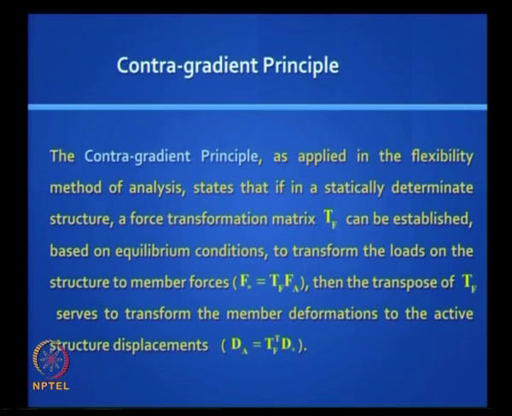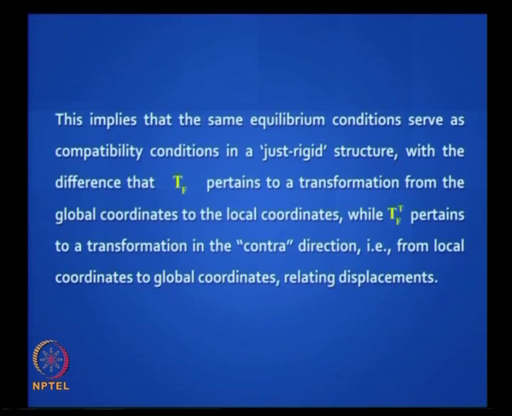Okay. The contra gradient principle as applied in the flexibility method of analysis states that if in a statically determinate structure a force transformation matrix TF can be established based on equilibrium conditions to transform the loads on the structure to the member forces, F star is equal to TF into Fa, then the transpose of TF serves to transform the member deformations to the active structure displacements, dA is equal to TF transpose D star.